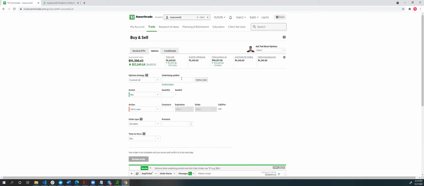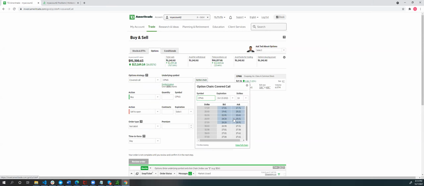So I can do covered call, and if I want to place one more order for one more contract, I can click there and I can click on option chain. It kind of shows you just the call information by strike. So in this case, we said we are going to do the 32.50, November.